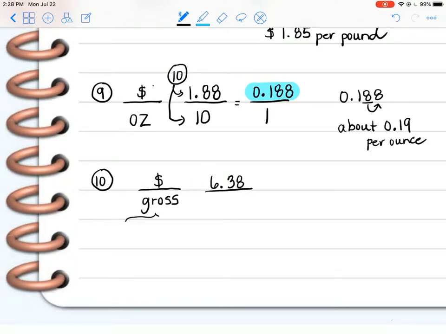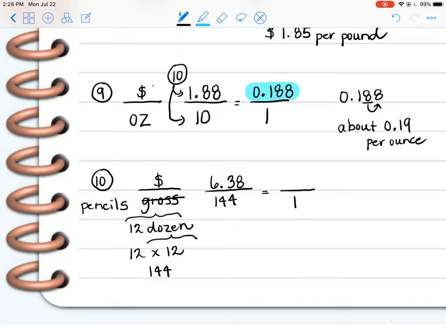Well, I know that a gross is 12 dozen. And I know that a dozen has 12. So 12 times 12 is 144 pencils. So this is the number of pencils, and we want to know what 1 pencil will cost. So let's divide top and bottom by 144.